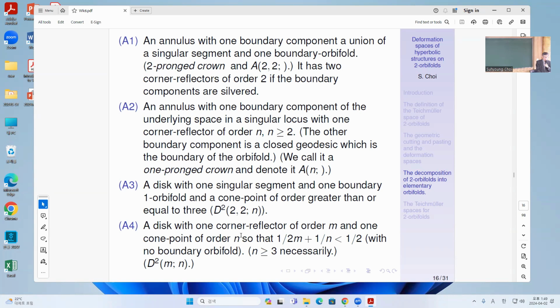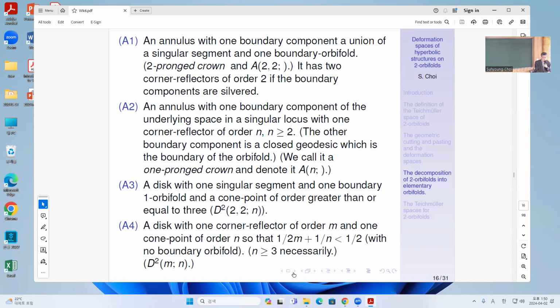And the disk with one corner reflector of order m and a cone point of order n, so that 1/(2m) plus 1/n is 1/2, with no boundary orbifold. So this is when you have a disk with one cone point of order n, and one corner reflector of order m at the boundary. So it will just be one singular segment.